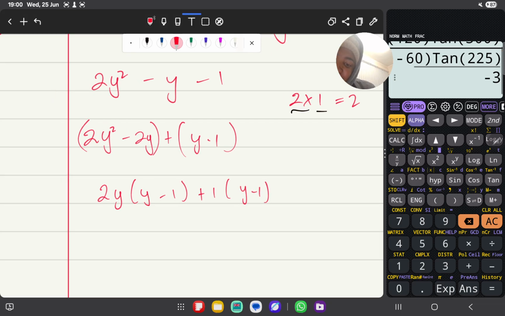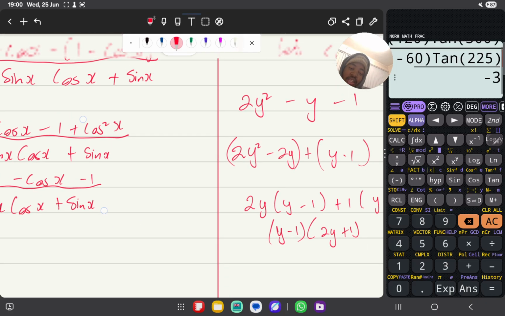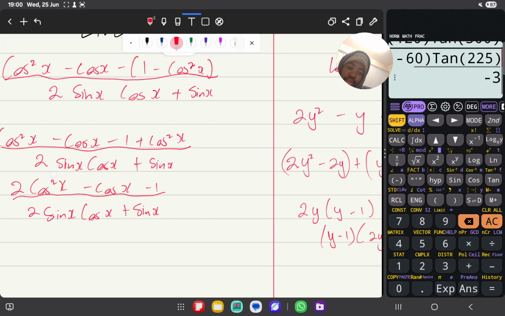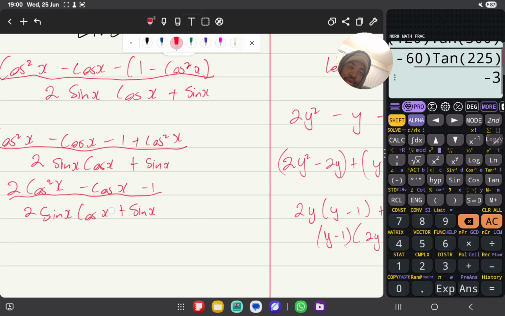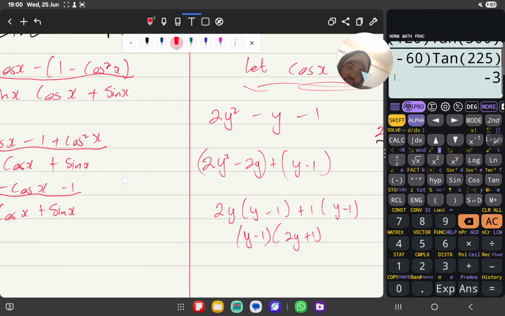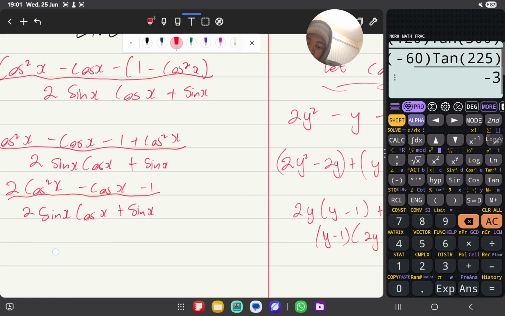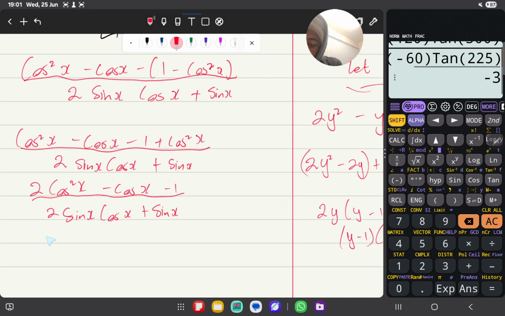You have the common factor there, which is y minus 1, and then the remaining pieces, 2y plus 1. So you already see that since you set cos x to be y here, you're going back to substitute now. So you have cos x.